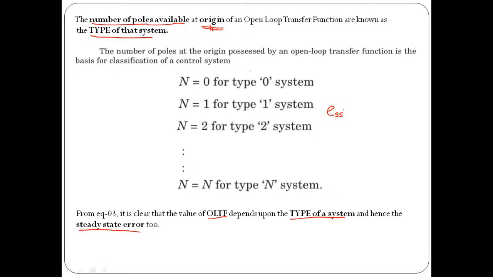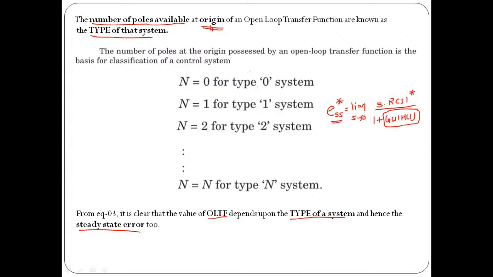Steady state error is nothing but limit s tends to 0, s into R of s whole divided by 1 plus G of s into H of s. And we have discussed in detail how this steady state error is going to vary due to change in R of s. Now we are trying to find out how this steady state error is going to change due to change in this open loop transfer function.